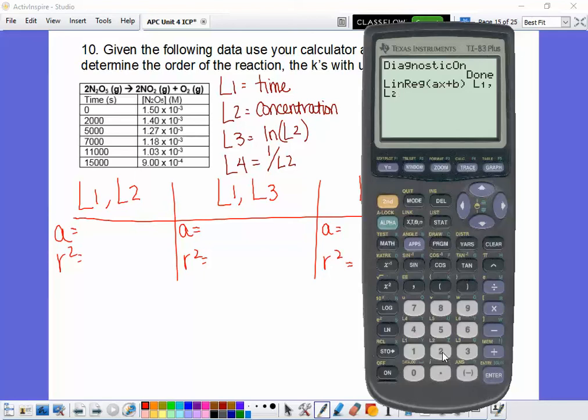L1, L2 will always be the default when you don't have that menu function. When you have the menu, you can say X list is this, Y list is this, and then enter. If it's not L1, L2, you have to tell it something else. Then you're going to press enter. Most of you will have to press enter a couple times, okay?